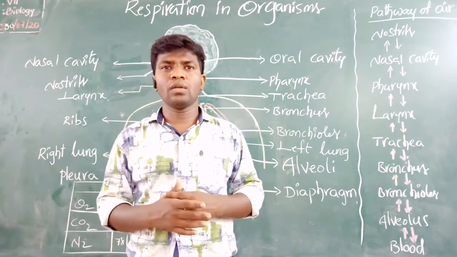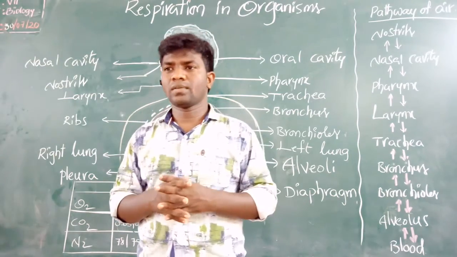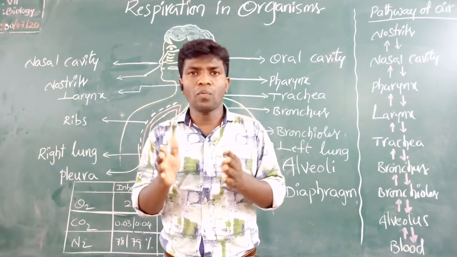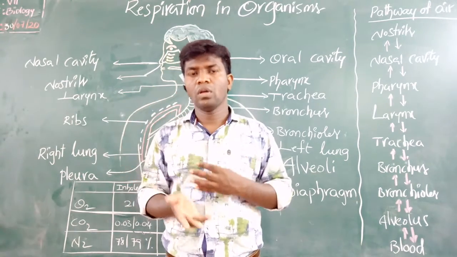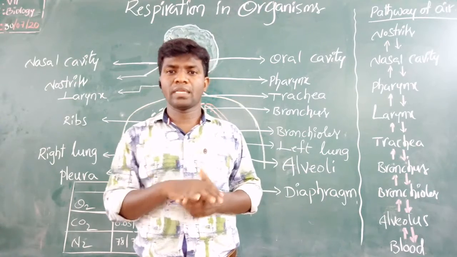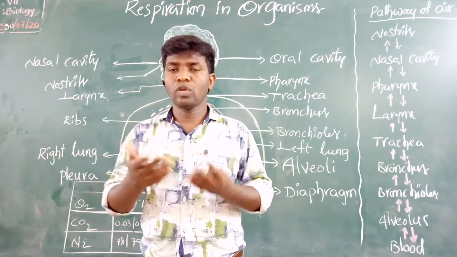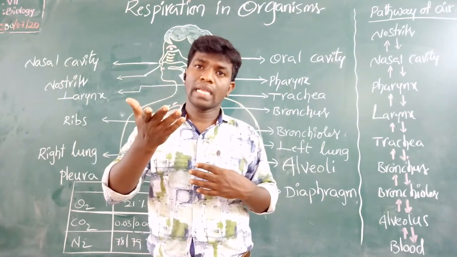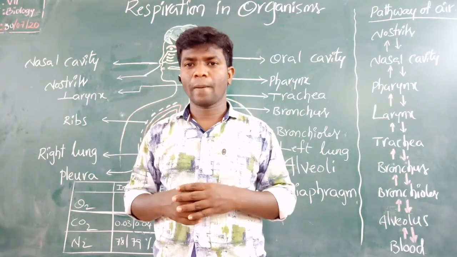Now I am going to explain the rate of respiration. What is the respiration rate? The number of times we breathe in and out of air in a minute is called the respiration rate.